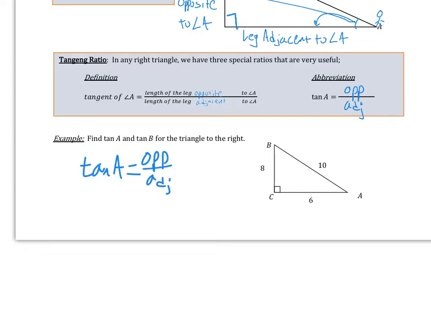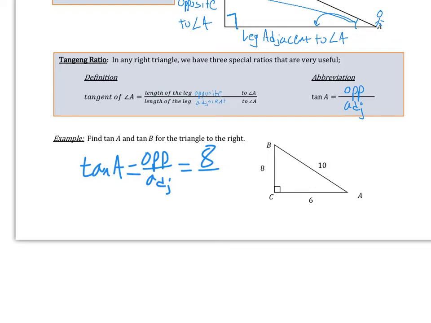The opposite in this case to angle A. Well, which one's opposite? 8 is opposite. And which one's adjacent? Well, let's see. Is this 10 adjacent? Now remember, it's an adjacent leg. So yes, the 10 is connected to angle A, but it's not a leg. That's the hypotenuse. So it's 8 over 6.